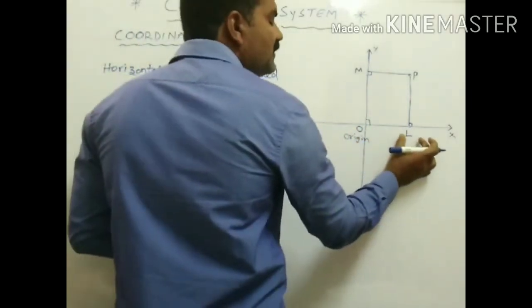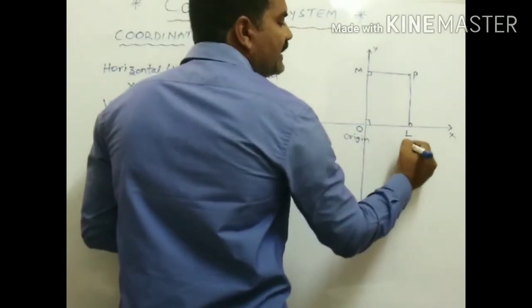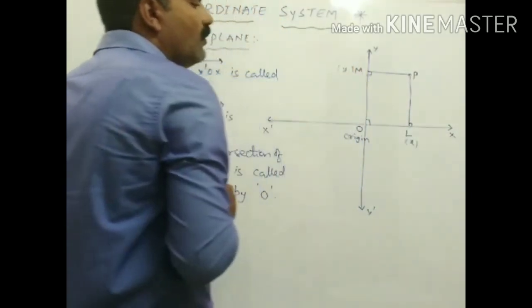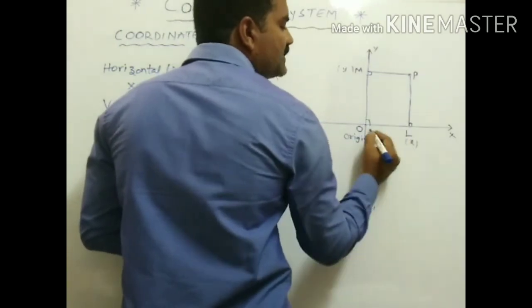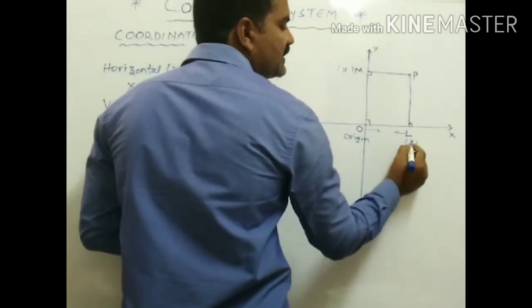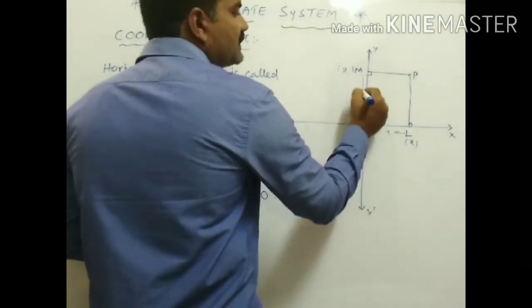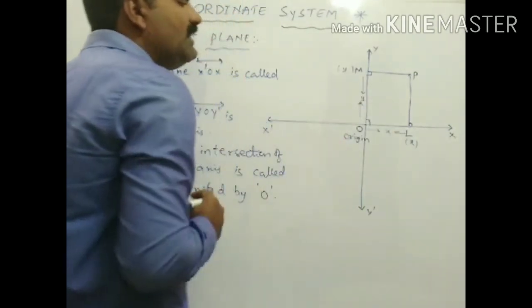L has some real value, so let it be some x, and similarly the real value of M you can say some y. I mean, the directional distance from O to L is equal to some x units. Similarly, the distance from O to M is equal to y units.